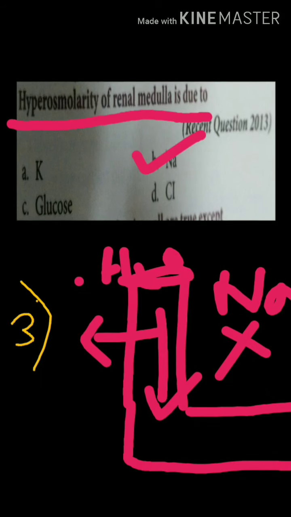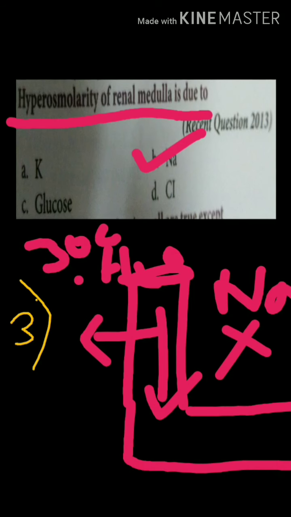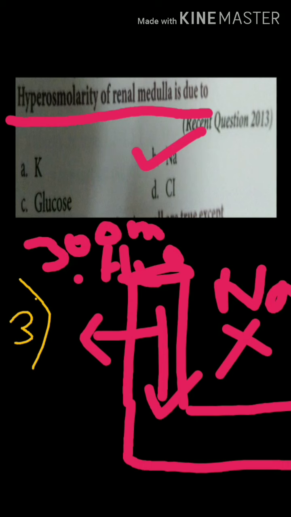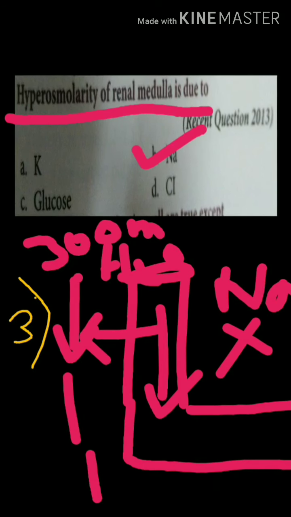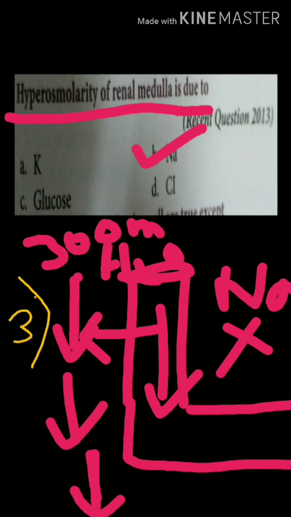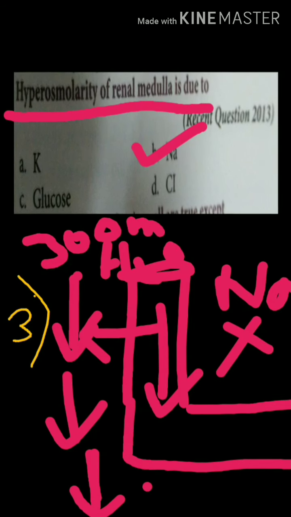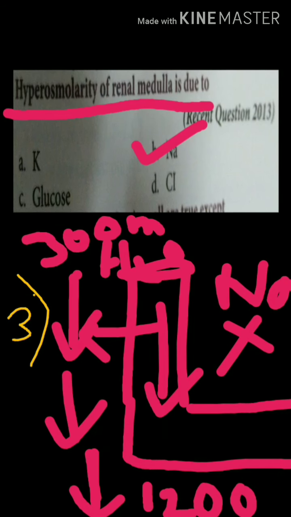Initially in the descending loop of Henle the concentration is 300 milliosmol, and as it descends gradually the concentration increases to 1200 milliosmol.